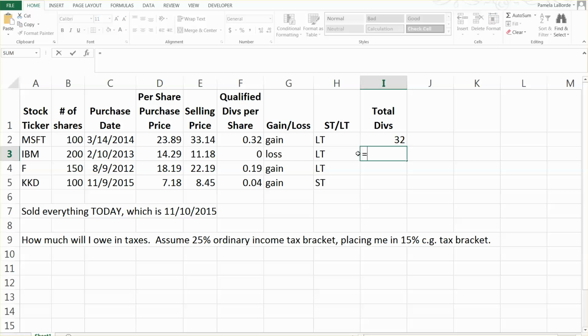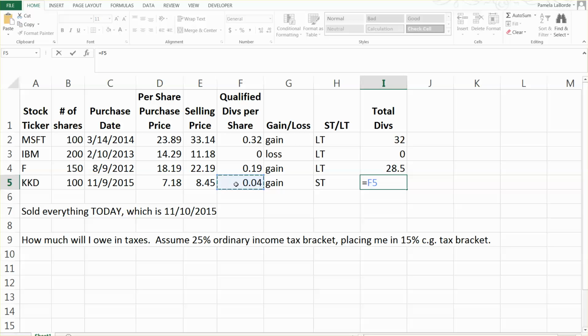For Ford, I'm sorry, IBM, it didn't pay any dividends, but I owned 200 shares and got no dividends, so my dividends totaled zero. For Ford, I got 19 cents per share in dividends and I owned 150 shares, so $28.50. And I know I can just copy these formulas down, but I'm typing them out so y'all can see.